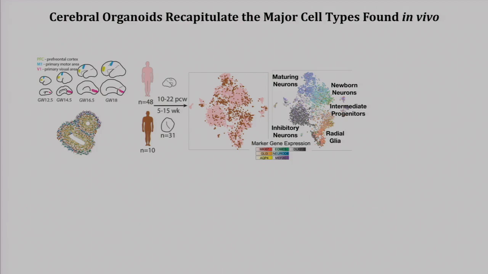One thing that is immediately apparent is that when you perform this co-clustering, a technique that allows you to merge data sets even though they may be generated using slightly different technology or sequencing depth, you indeed can assign cells from the cerebral organoid to their in vivo counterpart, and we seem to be able to identify homologous cell types across models.